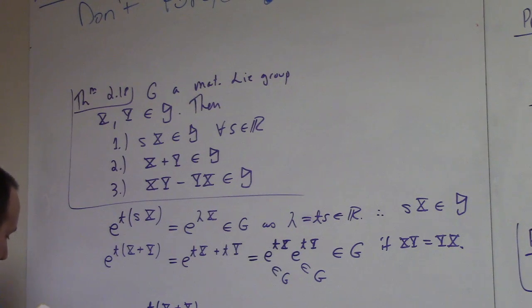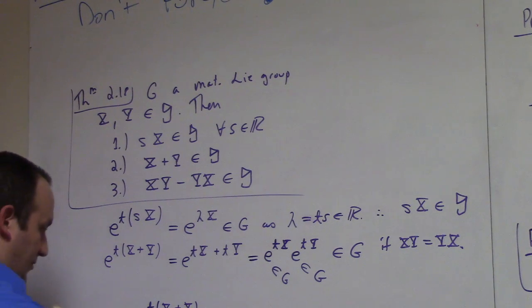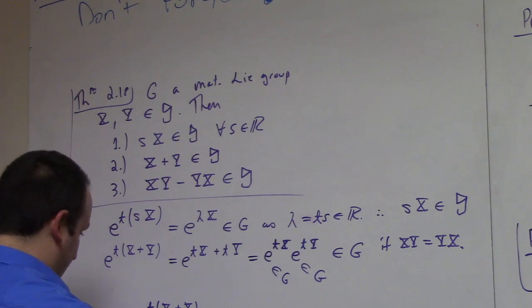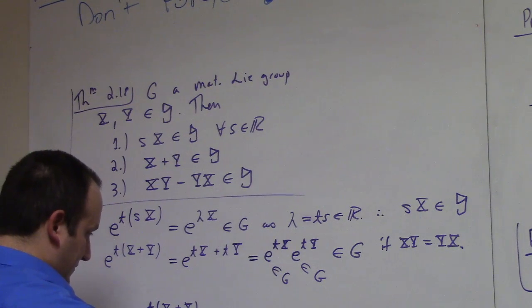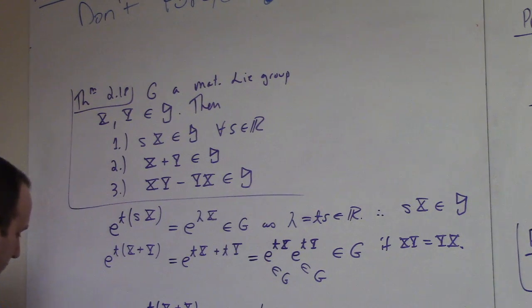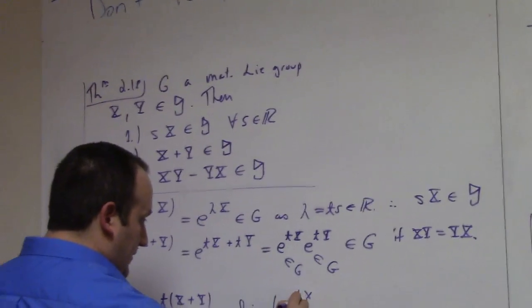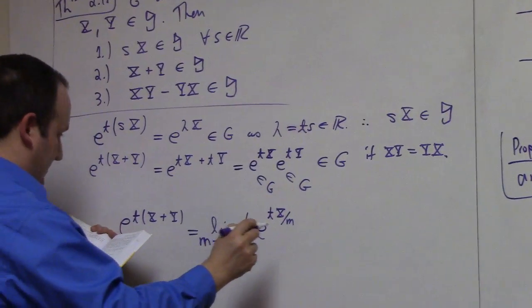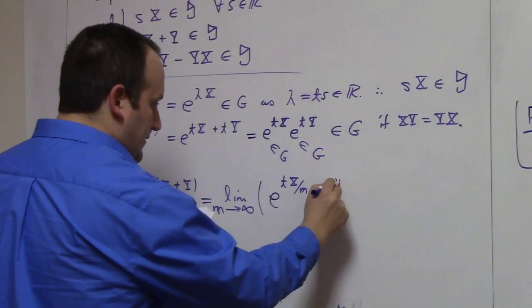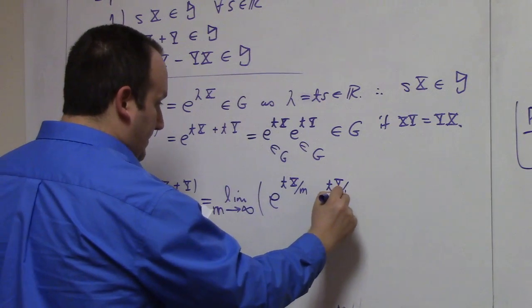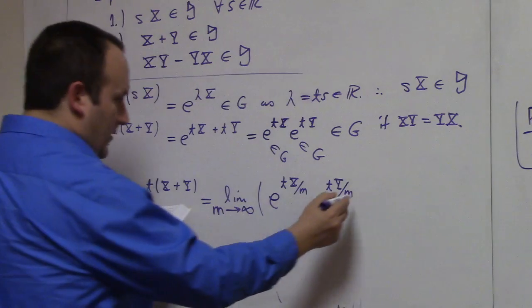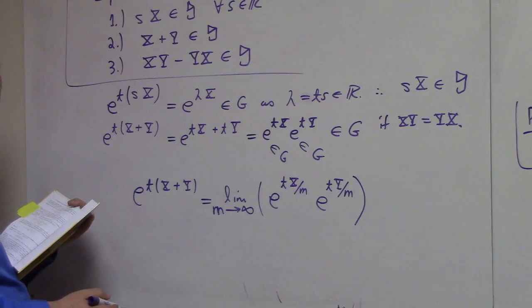This is the Lie product formula: e to the t times X plus Y is equal to the limit as m goes to infinity of e to the tX over m times e to the tY over m, all to the m power.